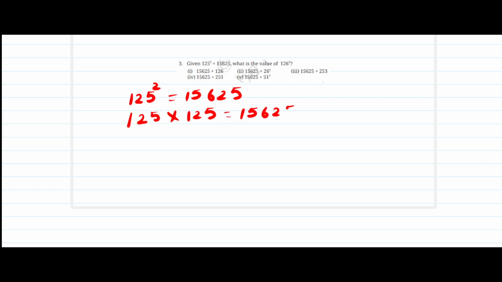Given 125 square is 15625 and you need to find out the value of 126 square, okay? So we'll use the given term over here, that is 125 square is 15625. See, 125 square, this is 125 into 125. This is a given thing to you.